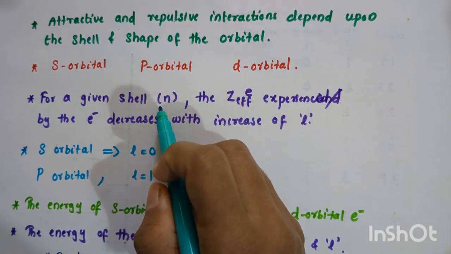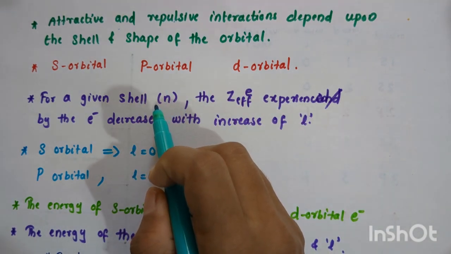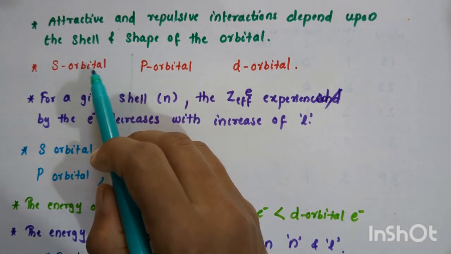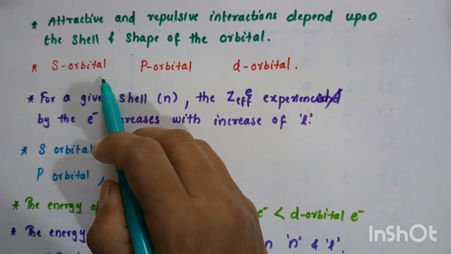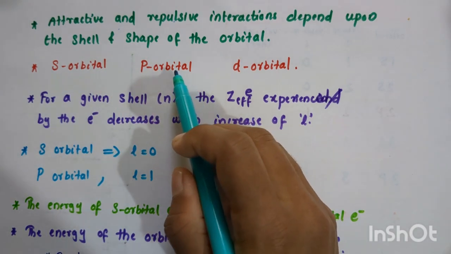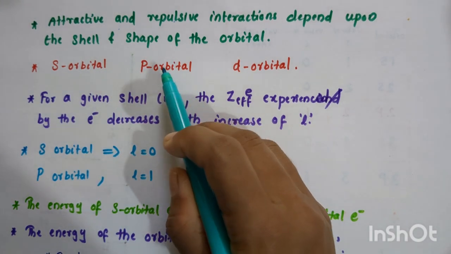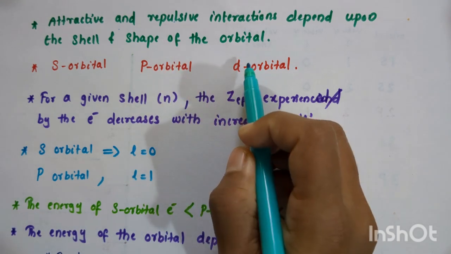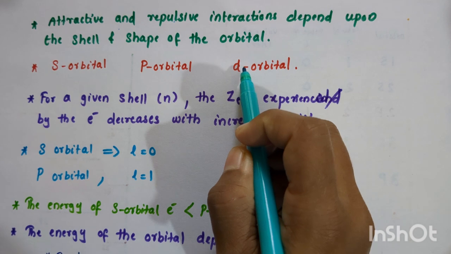This happens due to the spherical shape of the s orbital: the electron spends more time close to the nucleus in comparison to a p orbital electron. The p orbital electron spends more time in the vicinity of the nucleus in comparison to a d orbital electron.